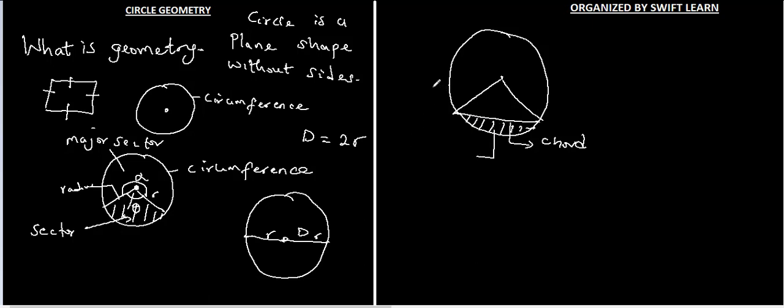Though we are not doing circle mensuration today, you might need this some other time. So you can say a segment is like a sector minus the triangle of a circle. I think we've talked about almost everything in a circle.